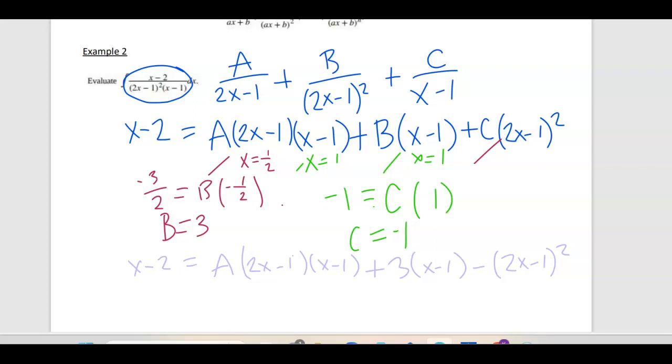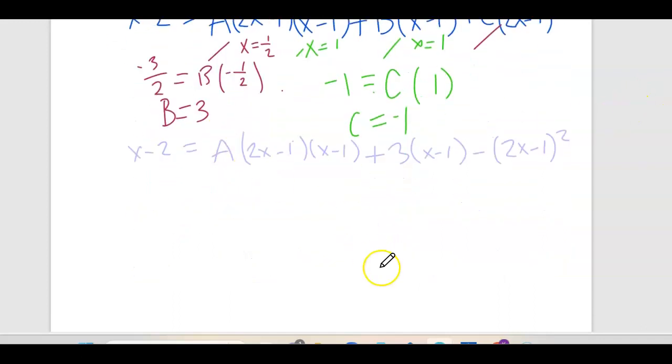So this is the second method that you can use to solve this. It is called the method of equating coefficients, because I need to figure out what a needs to be in order to make this true. Now, one thing we need to do is expand this and also multiply by a. So this is 2x squared minus 3x plus 1, and then I need to multiply through by a. Over here, (2x minus 1) squared is 4x squared minus 4x plus 1.